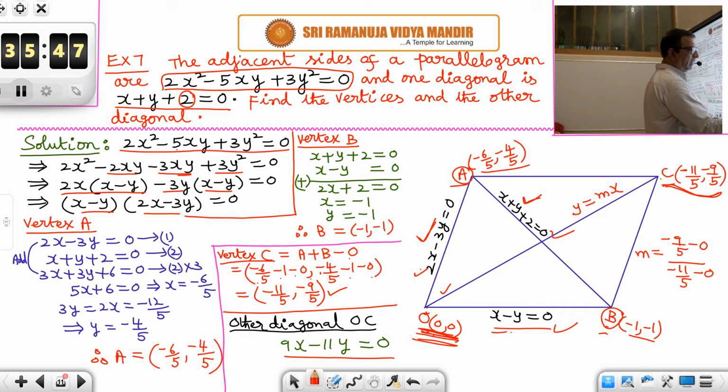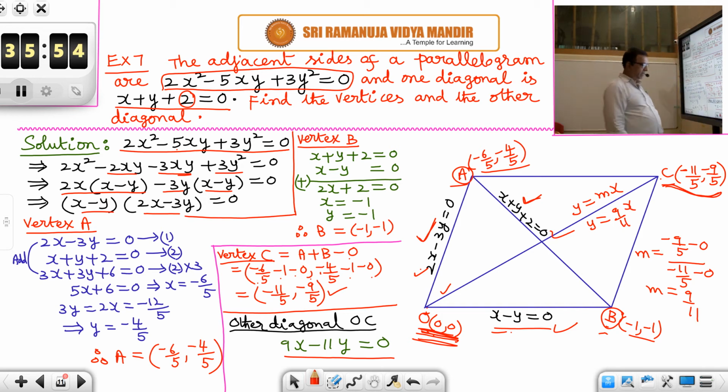So, you get 9 by 11. So, you put y is equal to 9 by 11 into x. Multiply by 11. 9x is equal to 11y. 9x minus 11y is equal to 0 is the equation of the other diagonal.